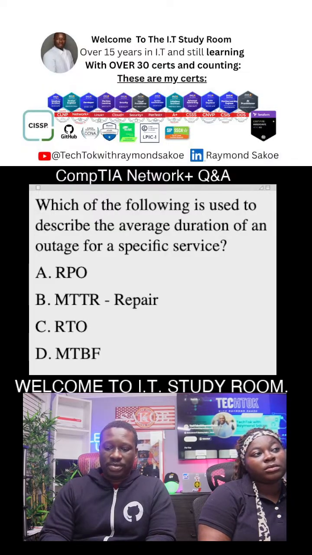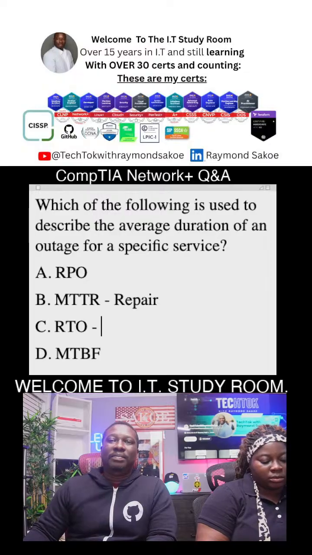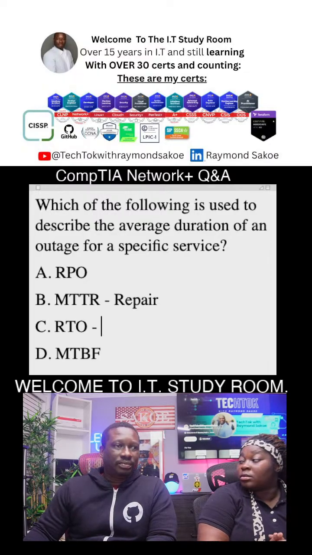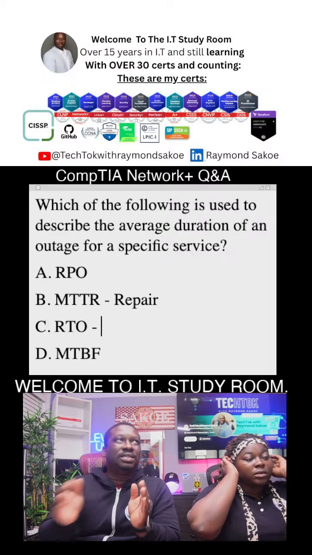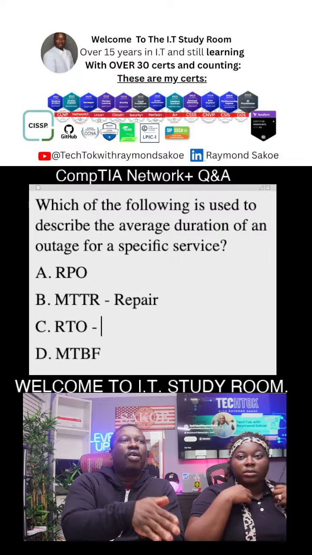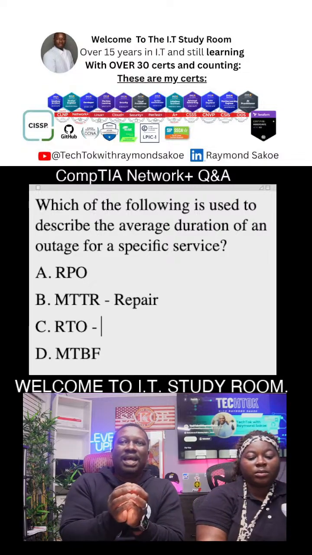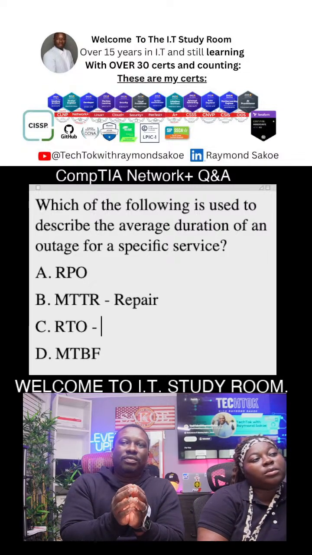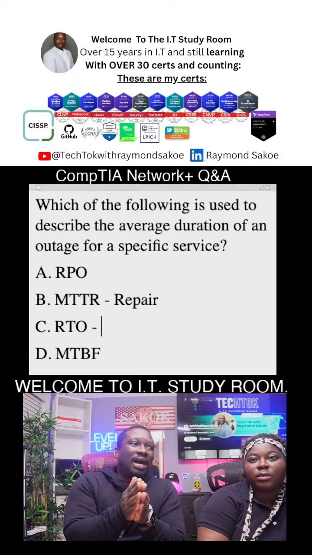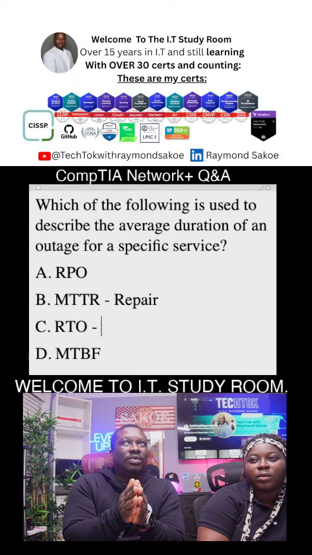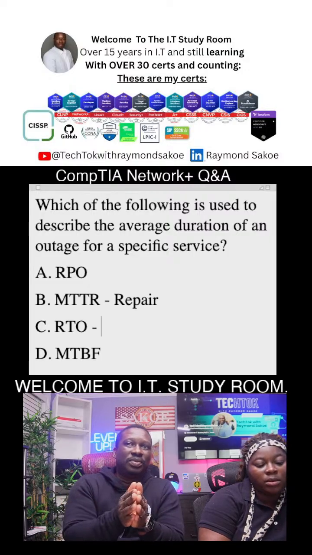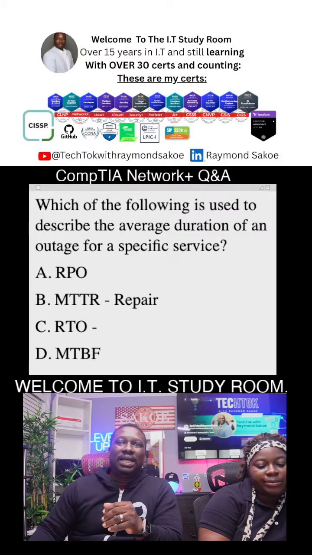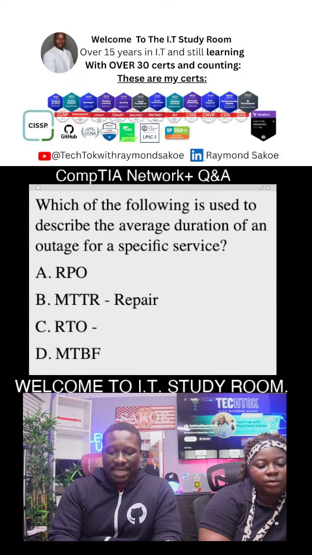Recovery time objective. If there's an outage, or if there's a disaster and you are recovering from that, RTO is the recovery time objective: what is the acceptable time frame for the system to be down. That is time.